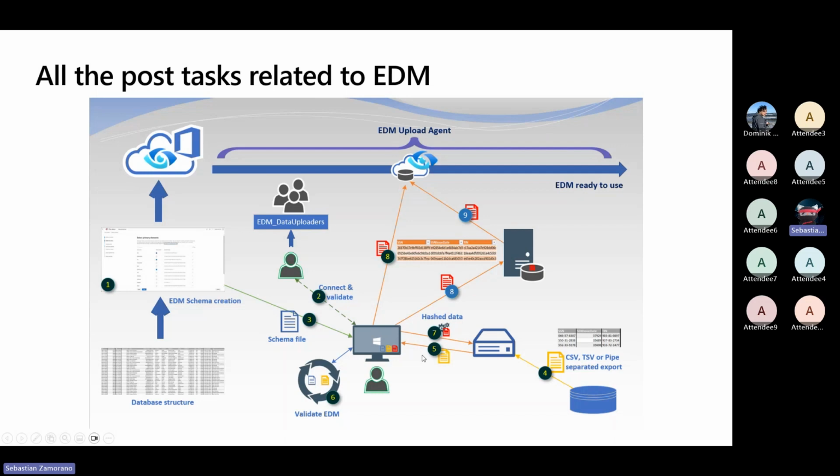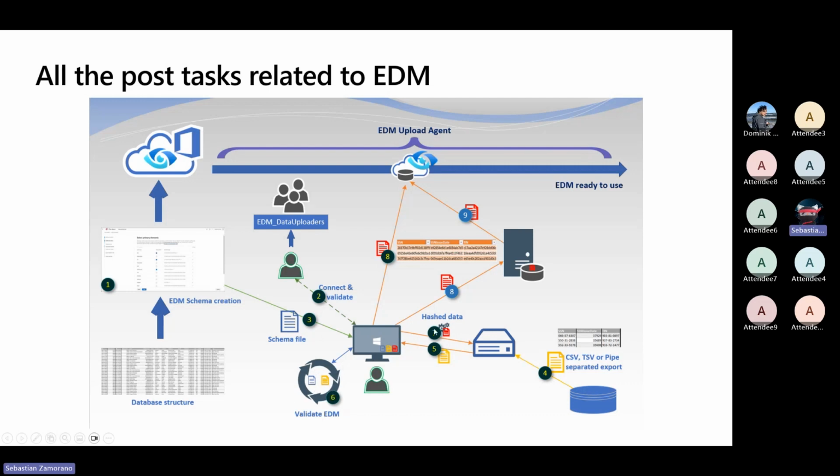Then we will take this information, and with the schema file, we will validate that the database structure set in the EDM schema matches the information that is exported from here. Because if it doesn't match, we cannot upload the data and the validation process fails.